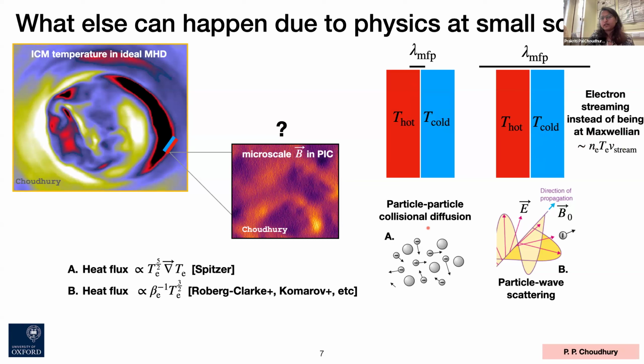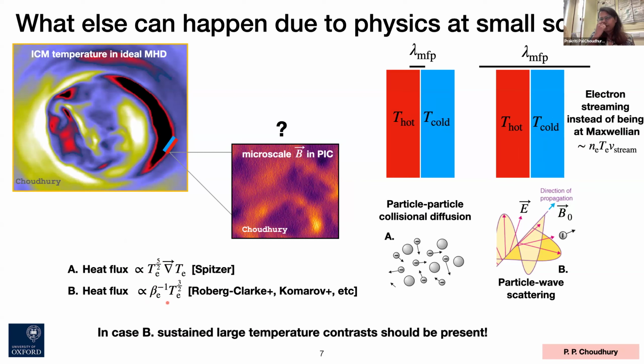Specifically, in the first case, the heat flux, or the heat carried by the hottest electrons, is dominated by this sort of scaling in temperature, while in the second case, there is a factor of 1 by beta. Plasma beta is very large for diffuse media like the ICM and CGM, so this is actually quite small.